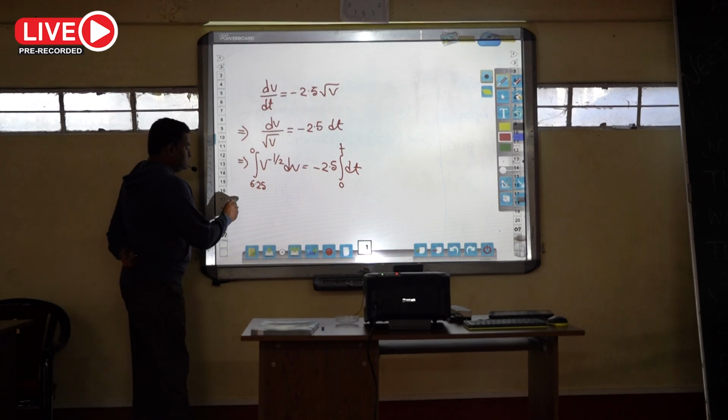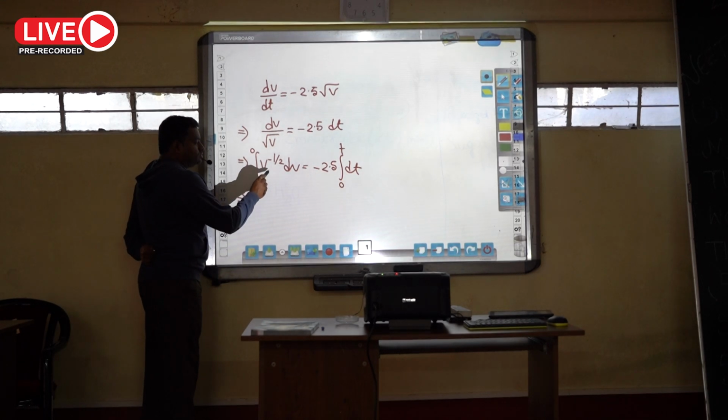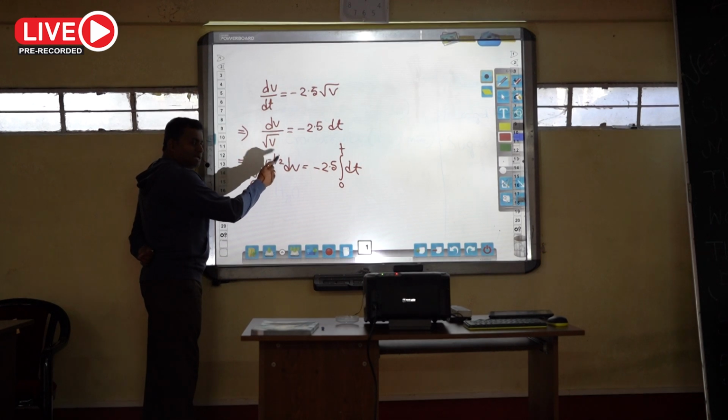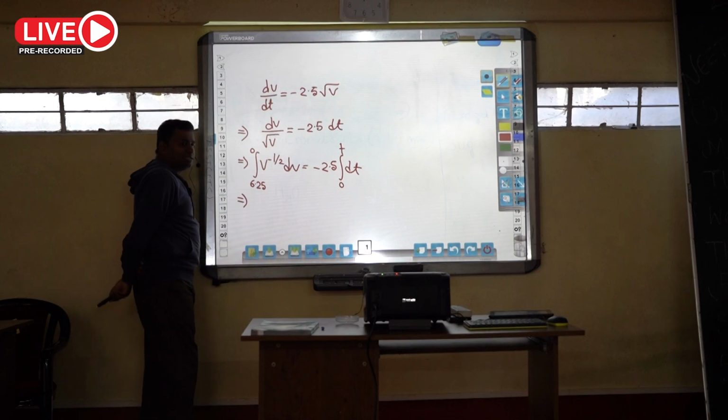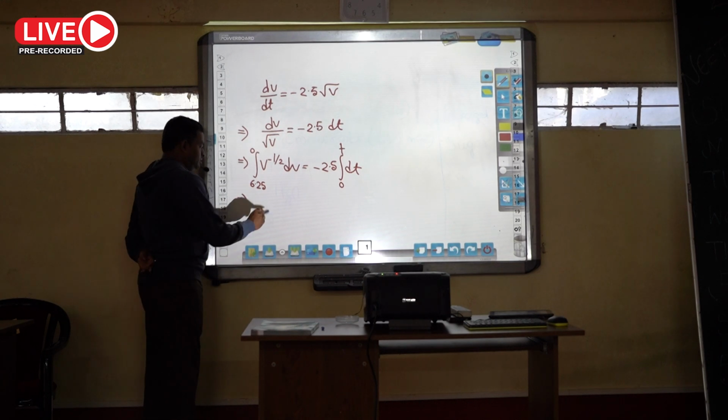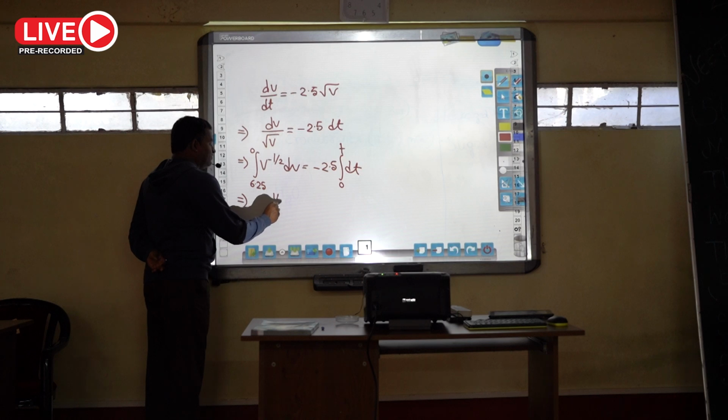Its integration will be v to the power minus half plus 1, divided by minus half plus 1. Minus half plus 1 means v to the power half, so it will be v to the power half by half.